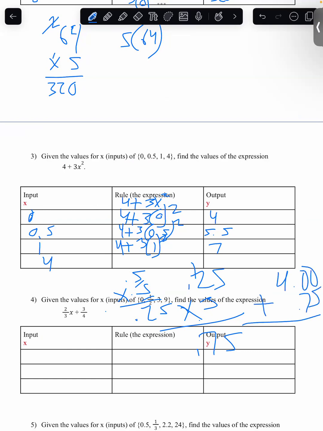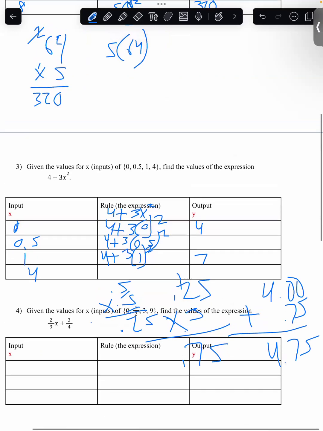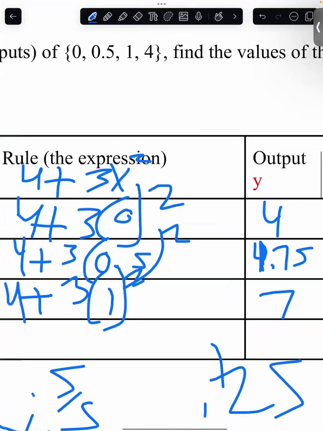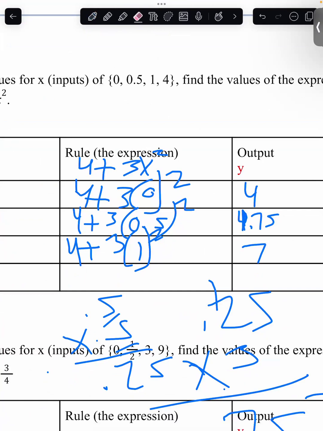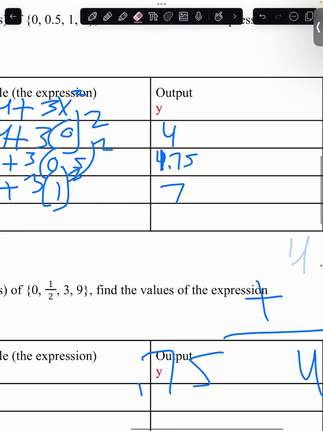Line up the decimal like this, so we get 4.75. My fault on that one. So I guess I could say good opportunity to learn the lesson there. You pay attention to make sure you copy the problem down correctly and that you paid attention to what you're supposed to be doing. Fortunately, I caught it before I got to the end of the problem.